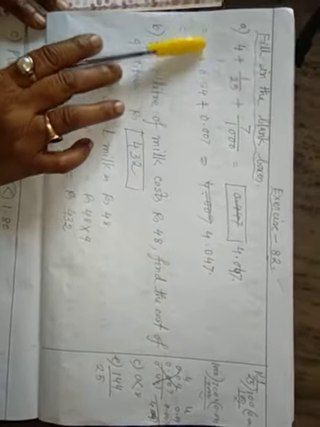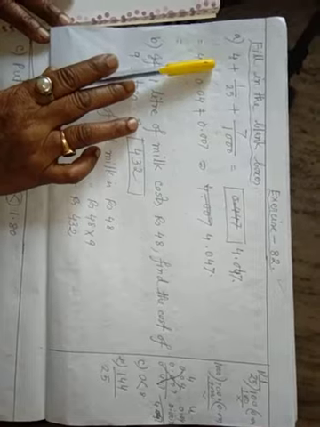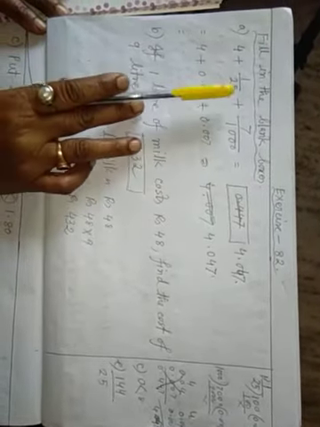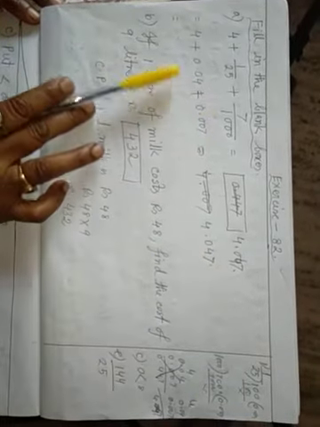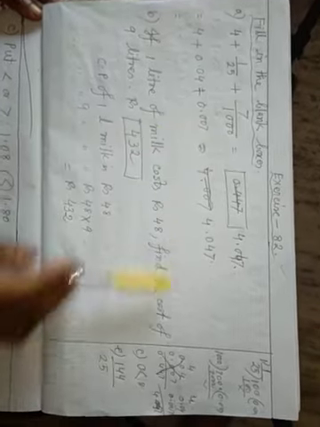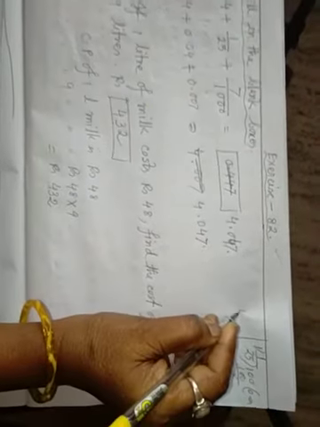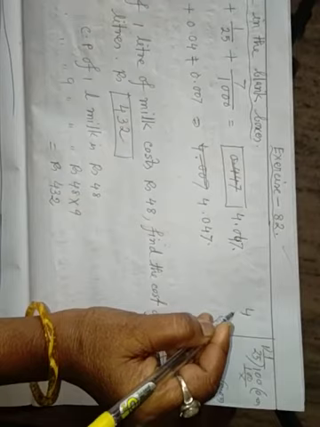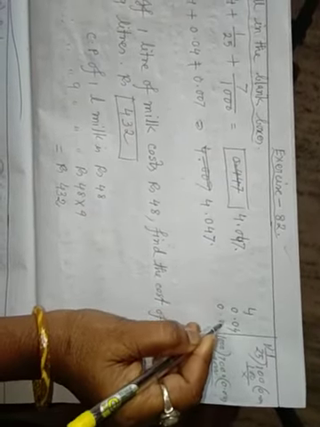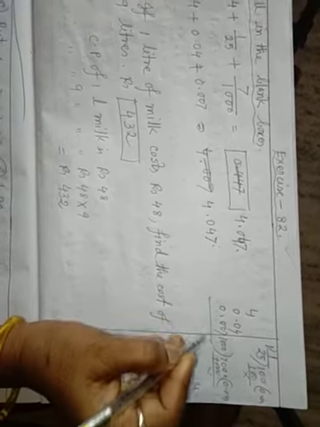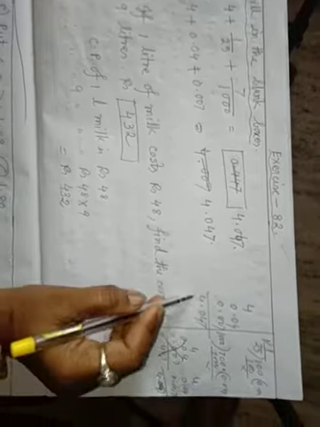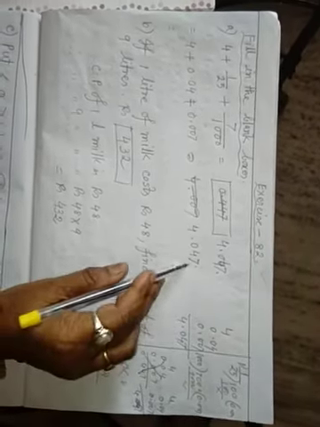Sorry, question number A, 4 plus 1 by 25 plus 7 by 1000. 1 by 25 equal to 0.04, 7 by 1000 equal to 0.007, that is 4 plus 0.04 plus 0.007, that is 4.047 answer.